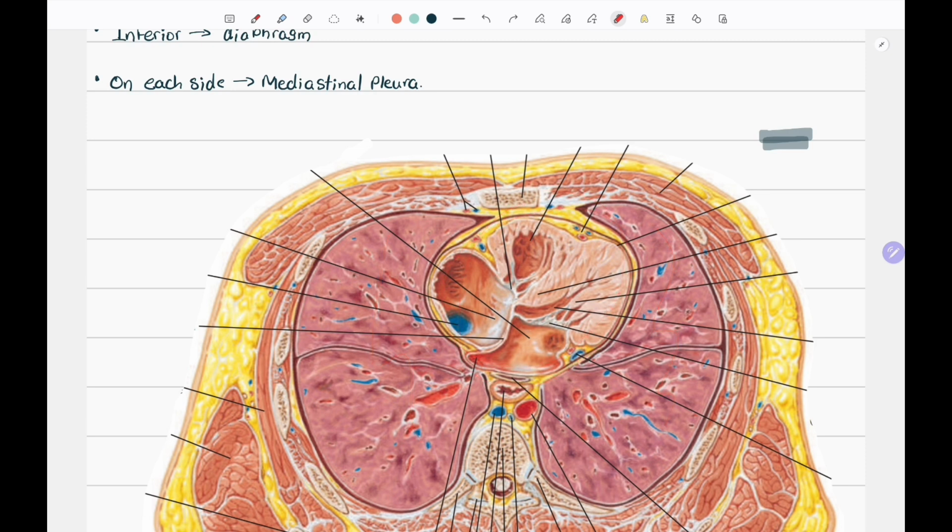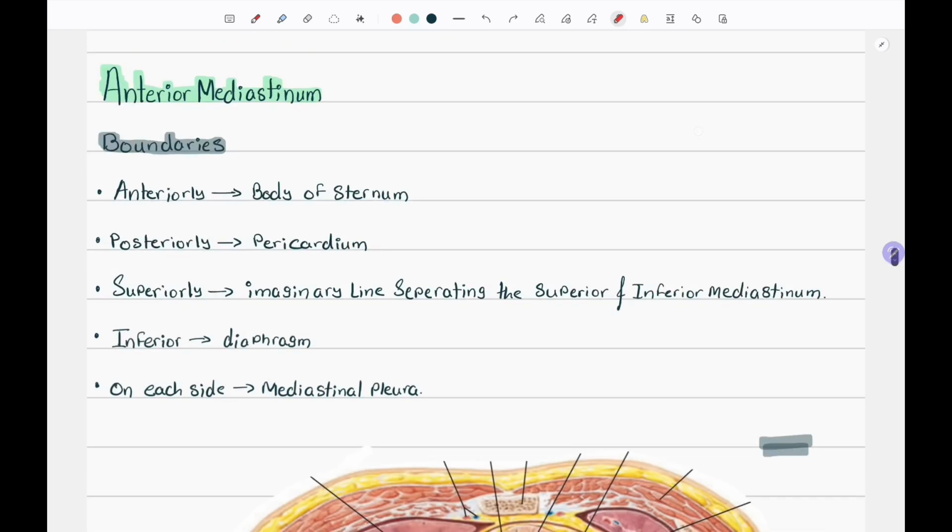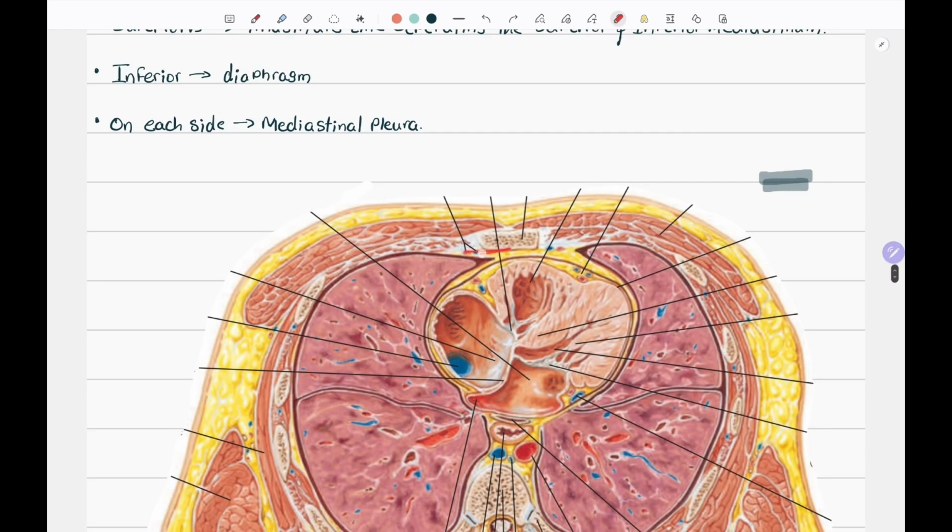So what is our anterior mediastinum? This space is our anterior mediastinum, which lies in front of the middle mediastinum. Its anterior boundary is our sternum.